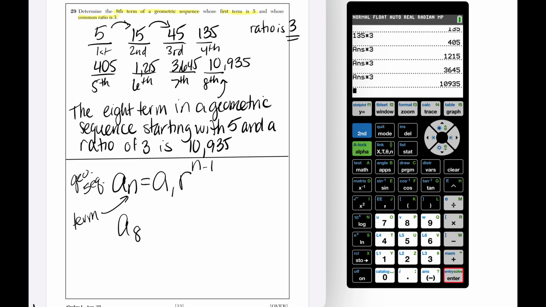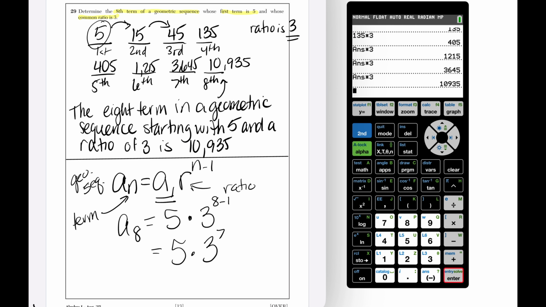Okay, so if I want the eighth term, I'm going to take my first term, which is a1. So here's the first one, a1. So 5, and I'm going to multiply it by my common ratio, which we know is 3. And then I'm going to do it to an exponent, to the 8th minus 1 power. So let's simplify that out. 5 times 3 to the 7th power.